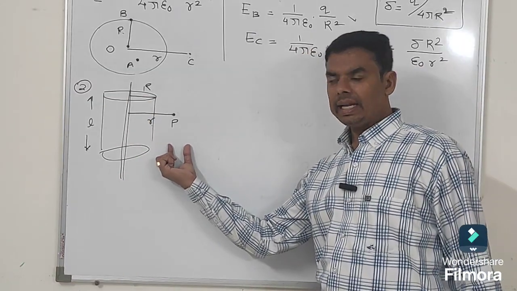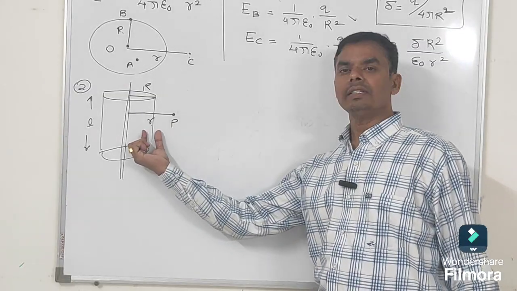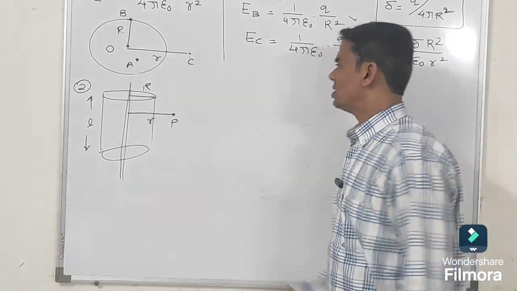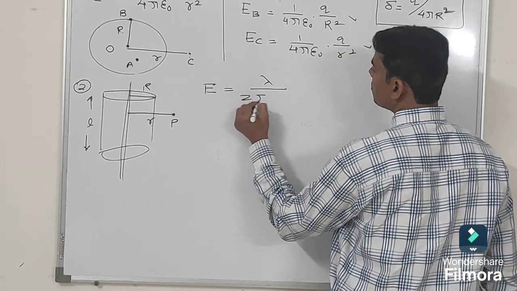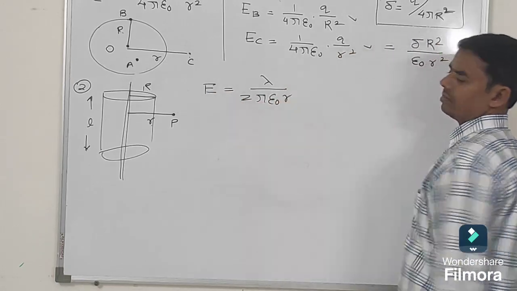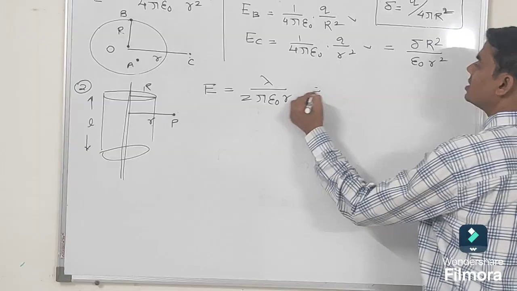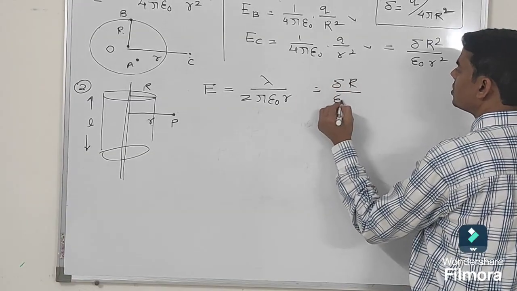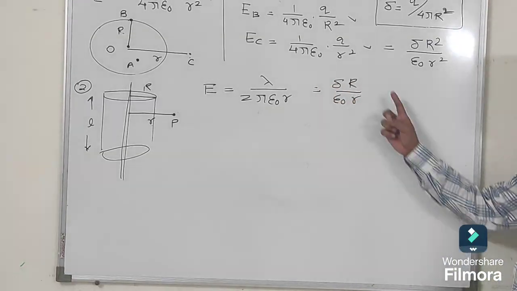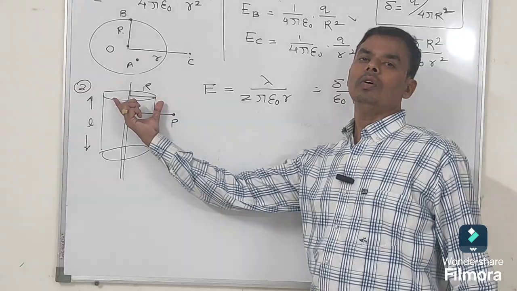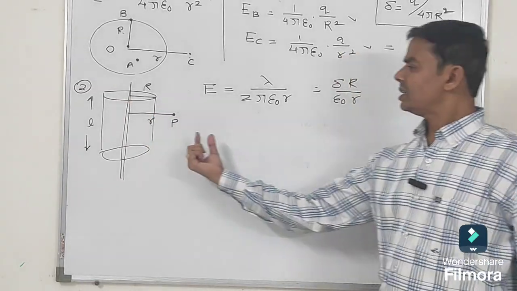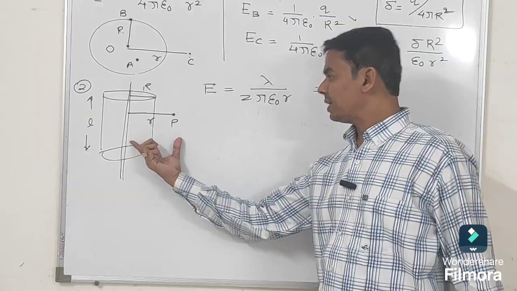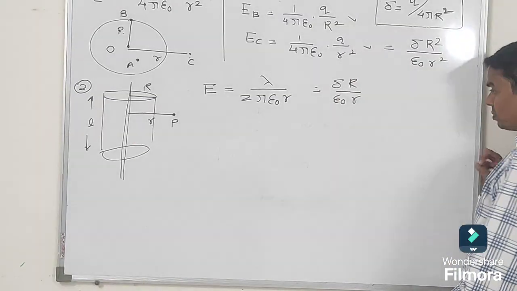It is E equal to lambda upon 2 pi epsilon 0 r, or sigma capital R upon epsilon 0 small r, where capital R is the radius of this particular cylinder, and small r is the distance of the point where we are going to find electric intensity from the axis of the cylinder.